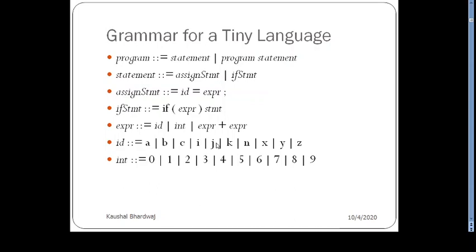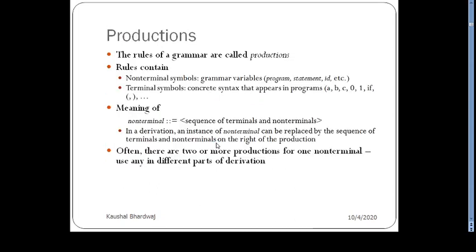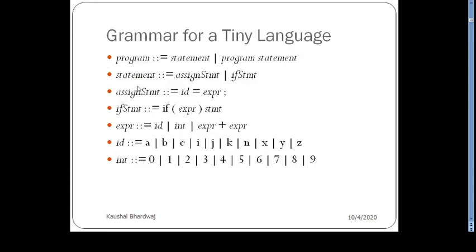Basically, the rules of the grammar are called productions. Production means these rules. The one rule that you have written here, program gives statement, is a rule. It is also called a production.